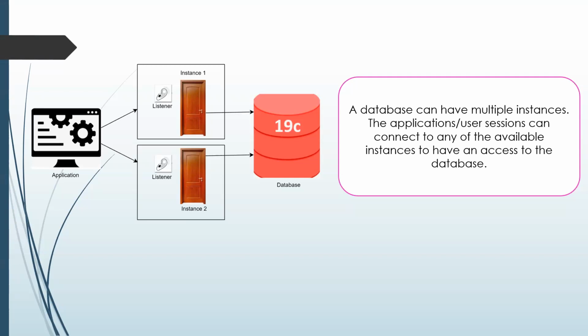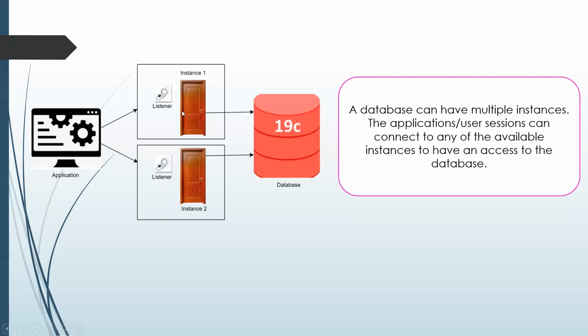So if you are having only one instance for the database running on that specific server, and that server itself becomes unreachable or has crashed, and it is not accessible to the application, the users will not be able to connect to the database.